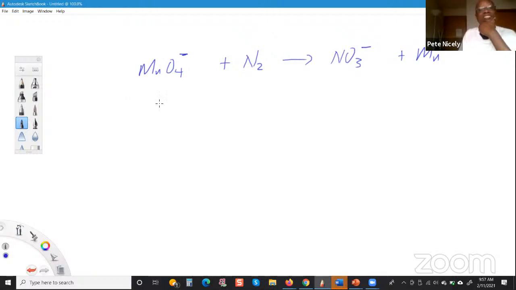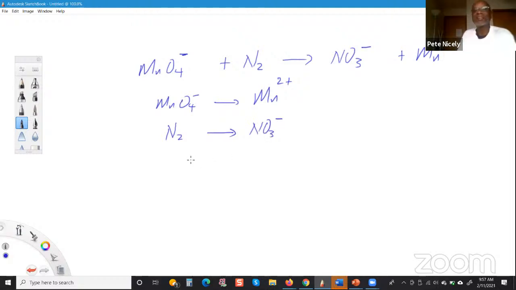The two half equations are MnO4 minus to form Mn2 plus, and N2 to form NO3 minus. So that's the first step: we separate the given equation into two half equations.